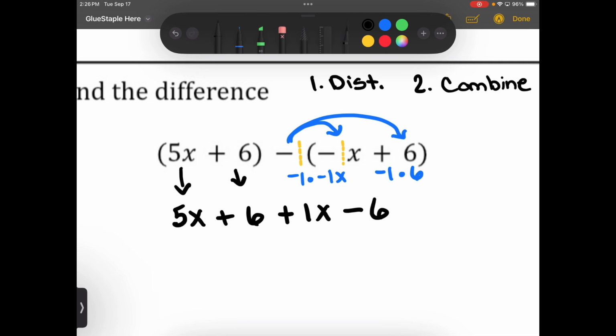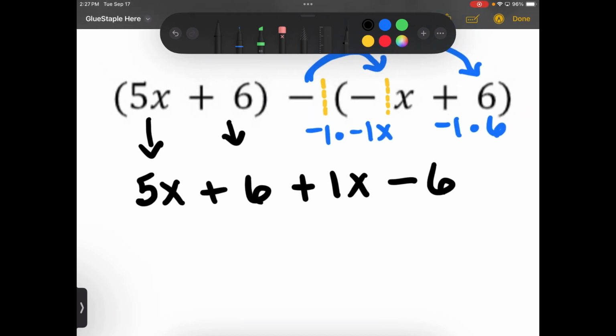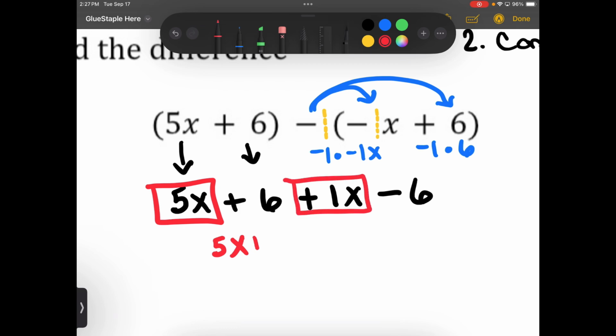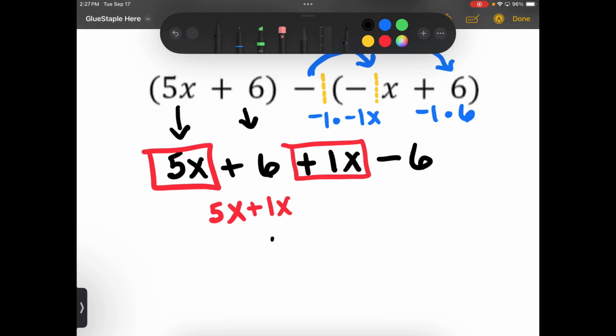Okay. You know you're finished with distributed property when there are no more parentheses. Let's go on to step 2, combine like terms. Start with the variable. 5x. What is another like term in this expression? Positive 1x. Very good. So 5x plus 1x is 6x.